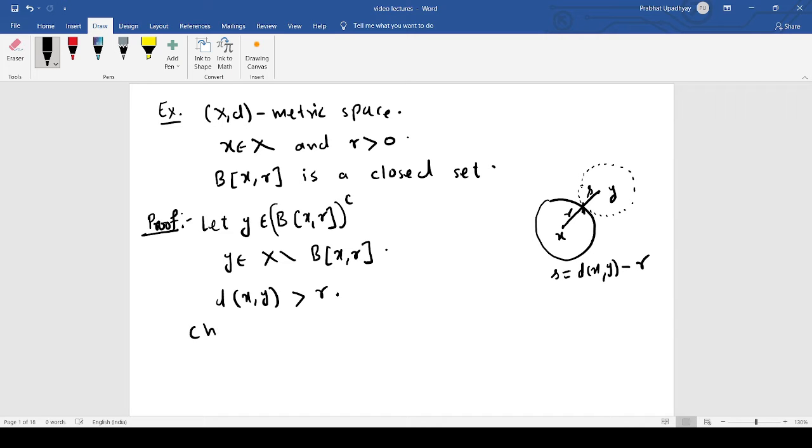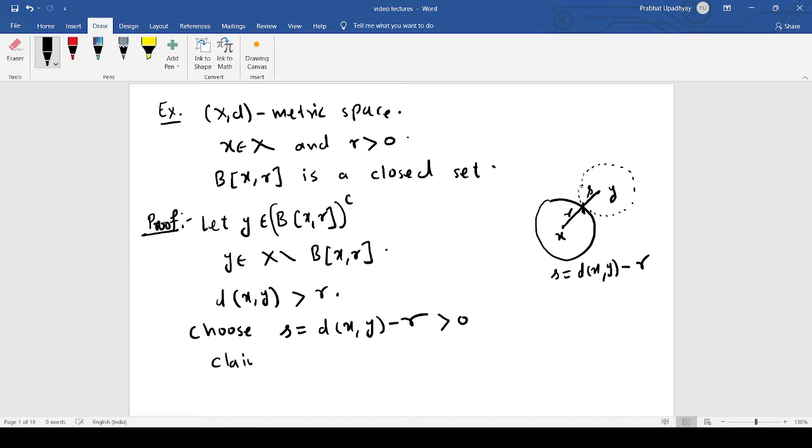We will choose our s to be d(x, y) minus r. And since d(x, y) is strictly greater than r, this distance is positive. Now I want to show the open ball centered at y of radius s lies totally inside the complement of my closed ball B(x, r).